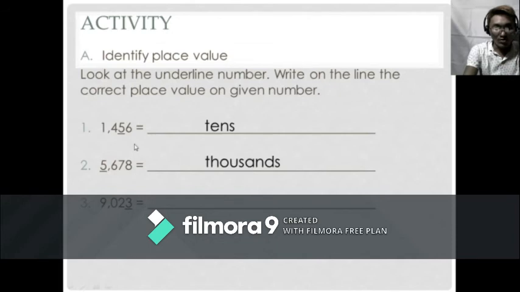Next, number 2, 5 represents thousands. Next, number 3, the 3 is in the place value of ones. So if you got 3 out of 3, you listened very carefully to what I said, and you got what I wanted in terms of studying place value.